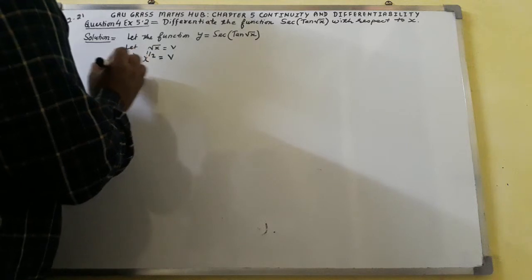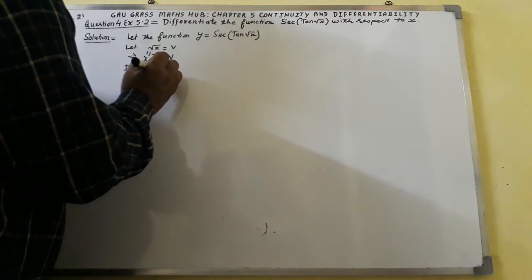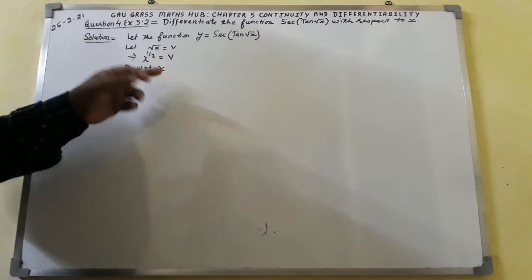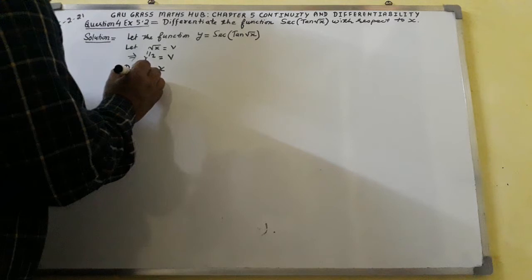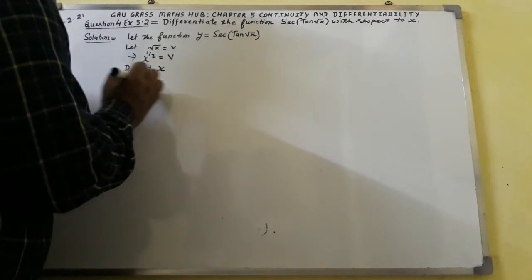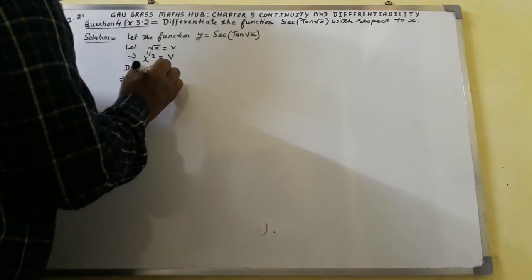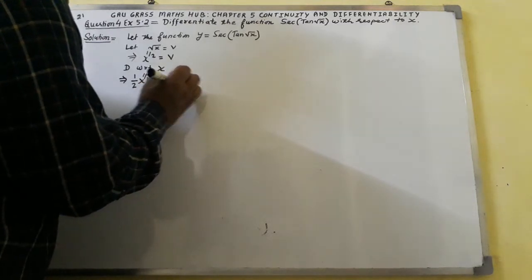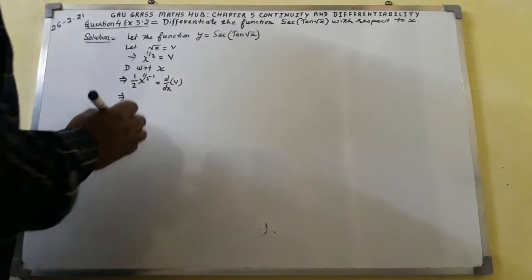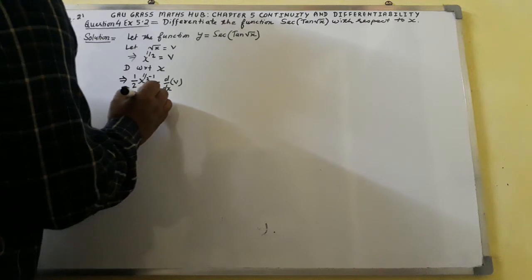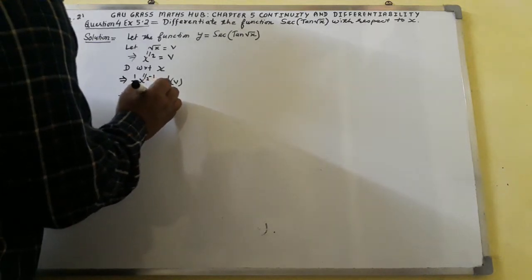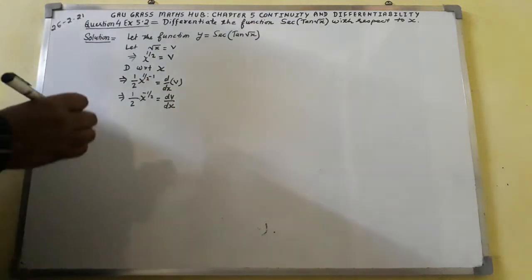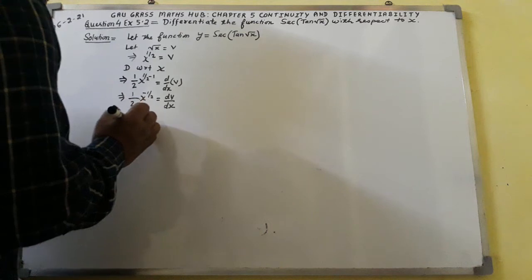Now differentiating with respect to x, I shall get 1/2 x raised to power 1/2 minus 1 equal to dv/dx. So you will get 1/2 times x raised to power minus 1/2 equal to dv/dx.